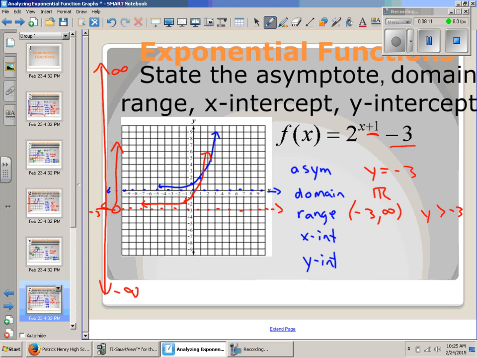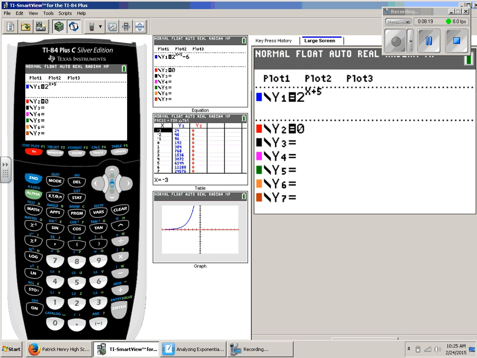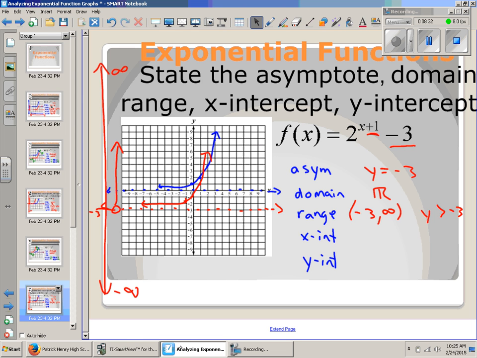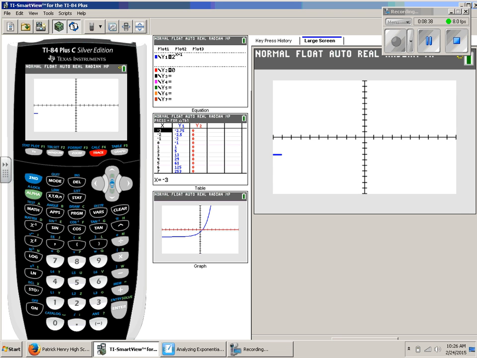X-intercept, I'm not sure that it's obvious here. So let's go to our calculator. And to find the x-intercept, I want to find the intersection of those two graphs.